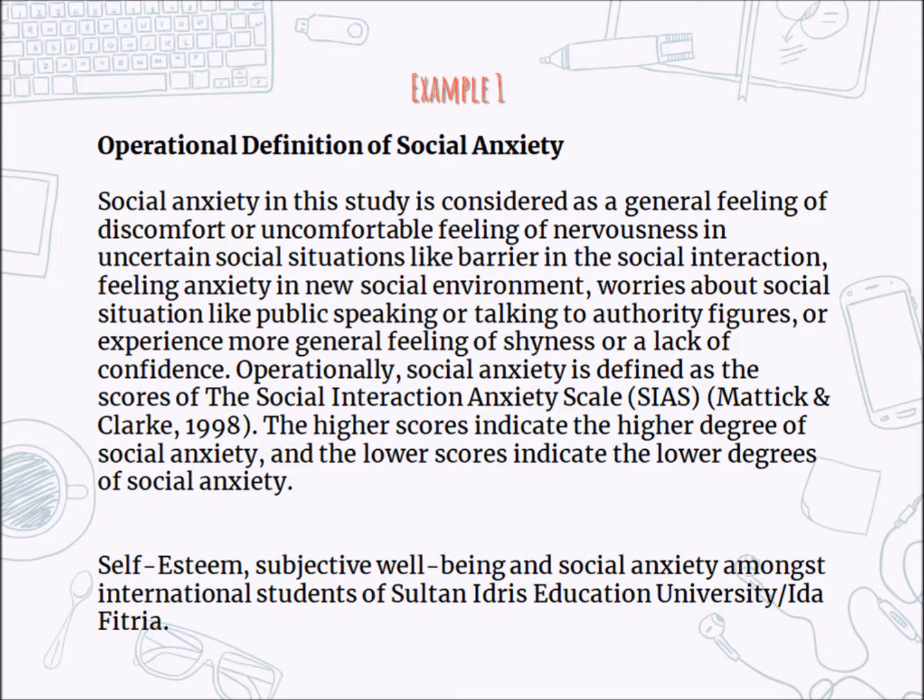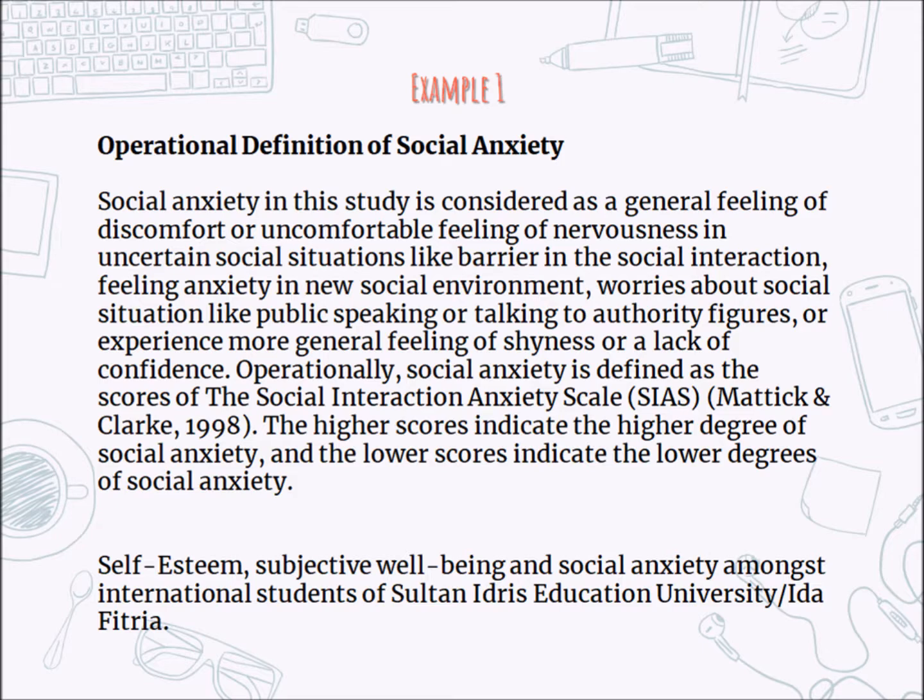The second thing is to select the measuring instrument. In example 1, the measuring instrument is the Social Interaction Anxiety Scale, or SIAS. The third thing is to describe the test method. The test method used is calculating the score of the respondent to know the degree of social anxiety.